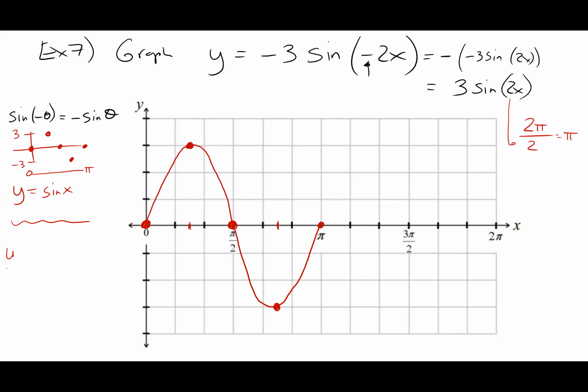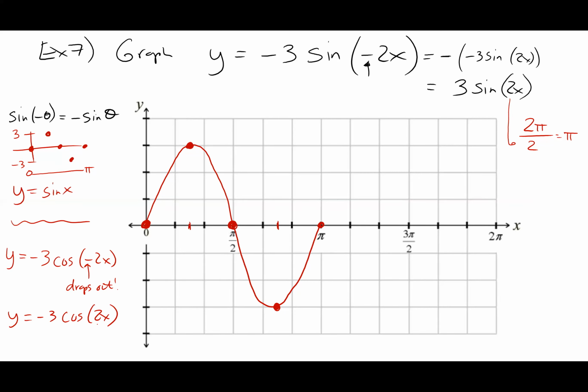If this was cosine, because cosine is an even function, this negative just drops out. And so it just turned into that, and you're graphing that. So that little negative stayed on the outside, did not get multiplied by another negative.